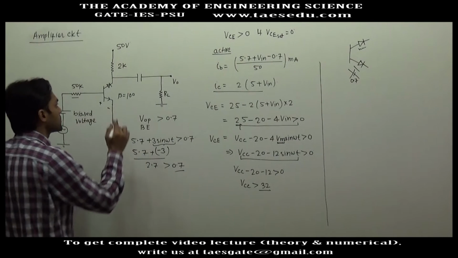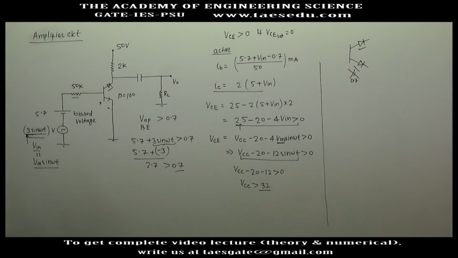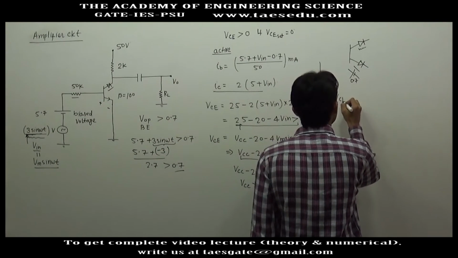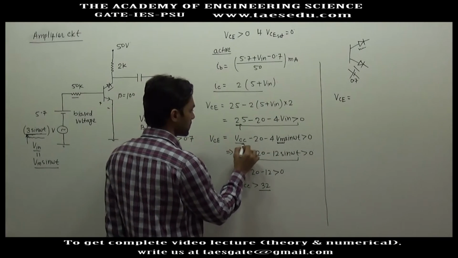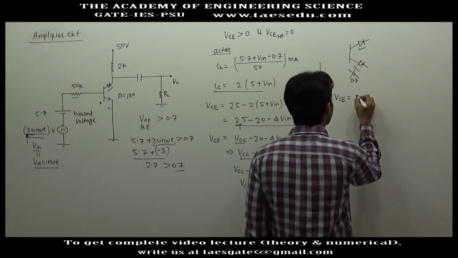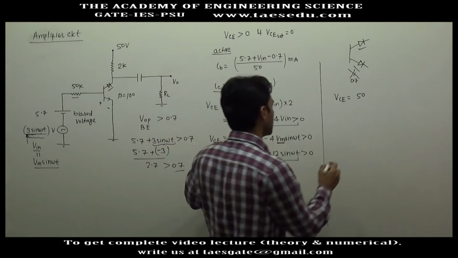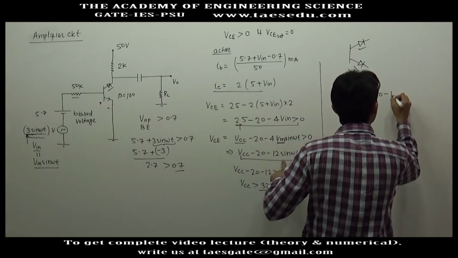Let us try to find out the maximum negative voltage across this junction. For this, if you find the value of VCE, VCE will be VCC, which is 50 volt, minus 20 minus 12 sin omega t.